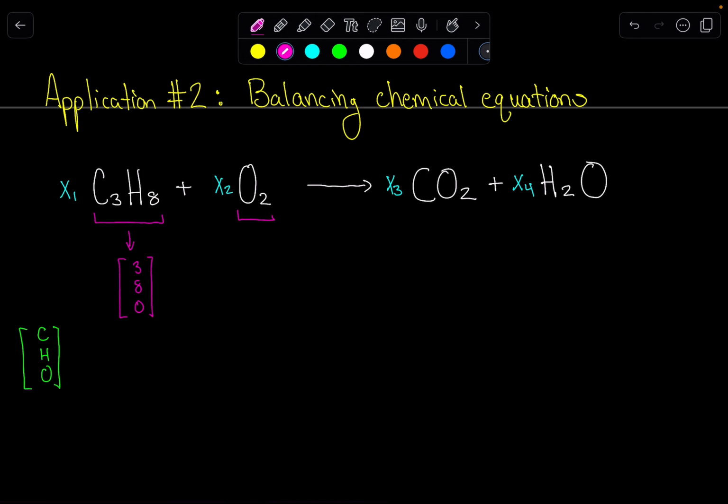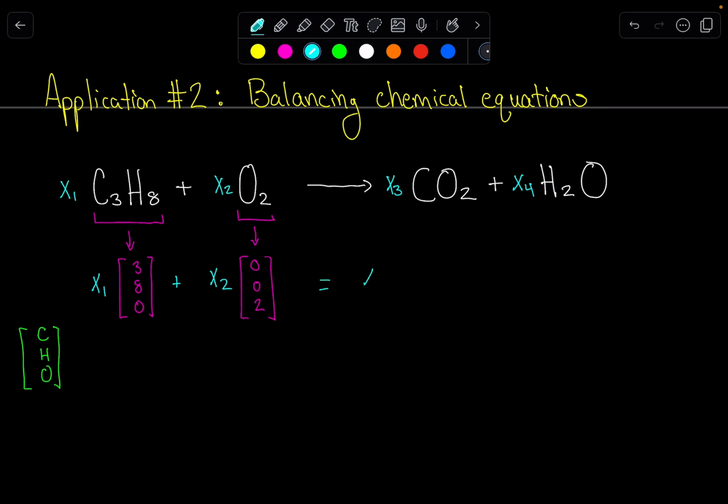I could describe this oxygen molecule that we have here as 0, 0, 2. And then I can describe, it's basically that if I take x1 of the first one and I add it to x2 of the second one, in theory, what should happen?